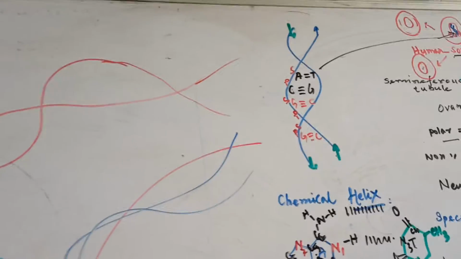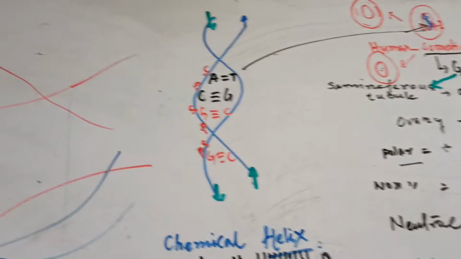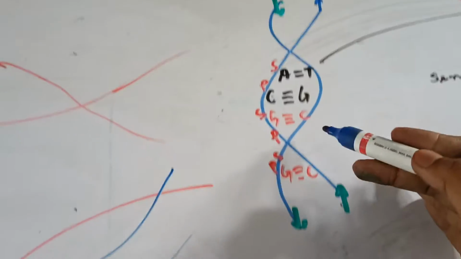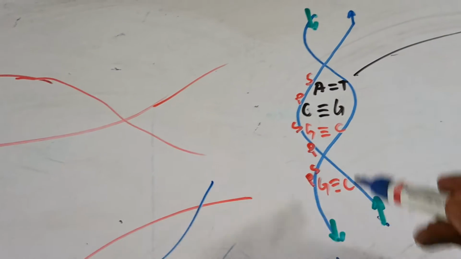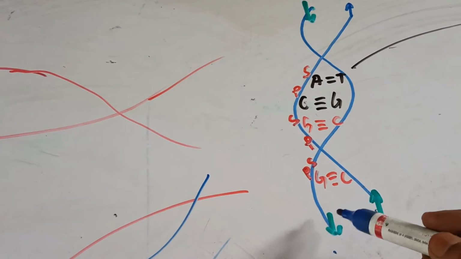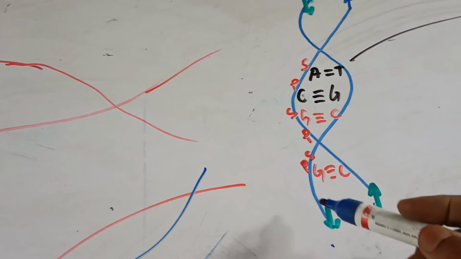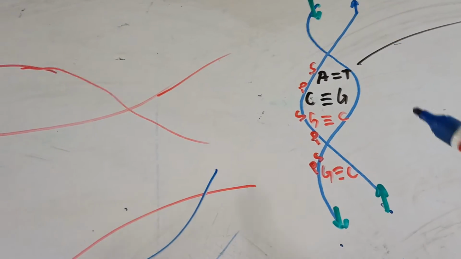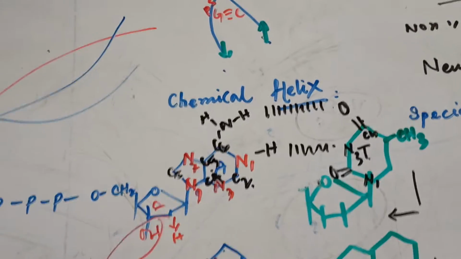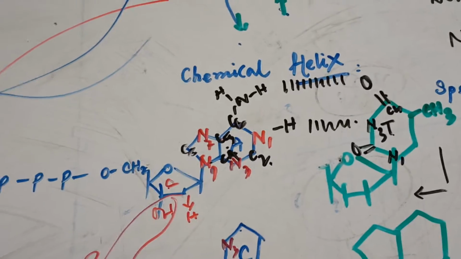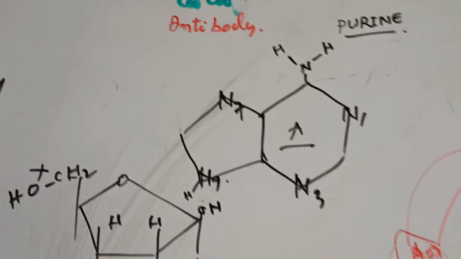So it is better to understand a DNA molecule first, because every cell has a DNA molecule and two antiparallel sheets or antiparallel sugar phosphate backbones move, and it is basically formed with some adenine, purine, that is adenine and guanine.